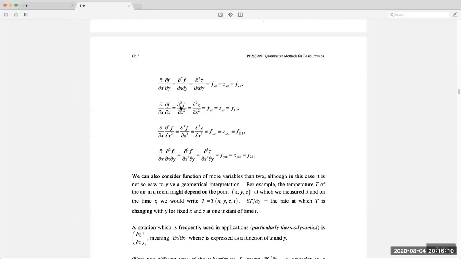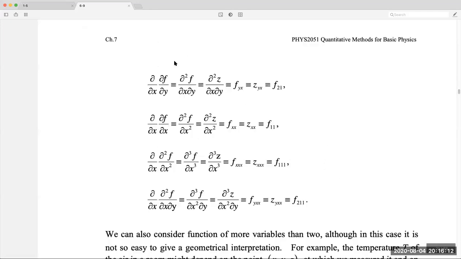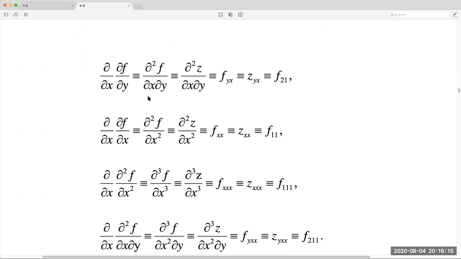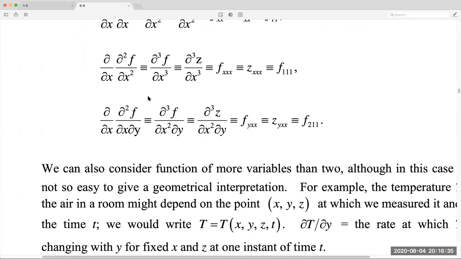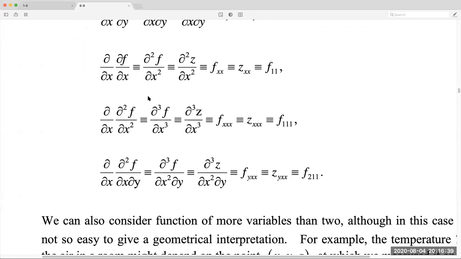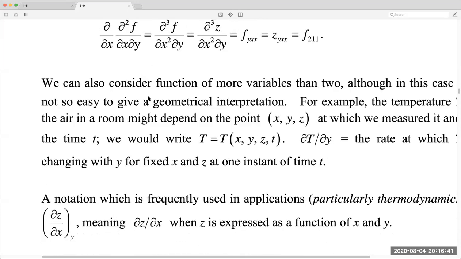And this is some of the notation that you need to know. It's no problem. Let's go on.